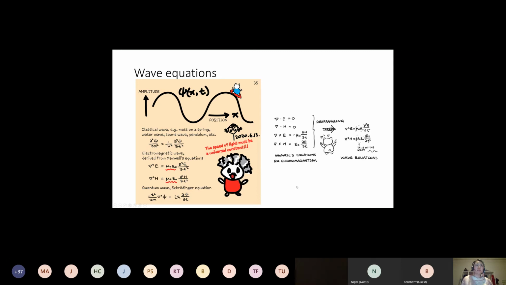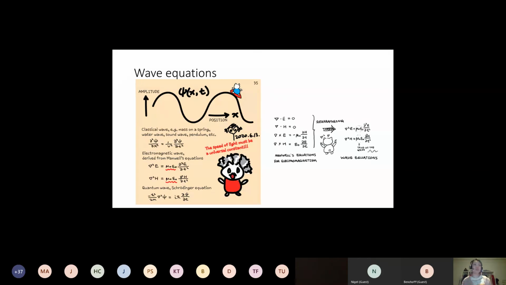That let him figure out the speed of light must be a universal constant, which then also led him to develop relativity. So this is what's really beautiful, to look at history and how physics was developed, and how just by looking at dimensions and units and equations, you can realize a lot of insights about nature.